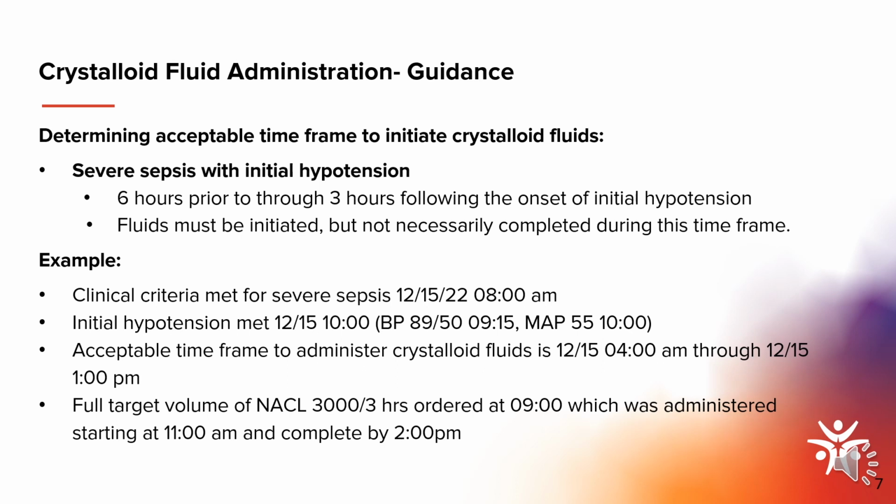So the acceptable time frame to administer the fluids is 6 hours prior to through 3 hours following this 10 a.m. time. This is 4 a.m. to 1 p.m. The full target volume of saline was ordered at 3,000 cc's over 3 hours.